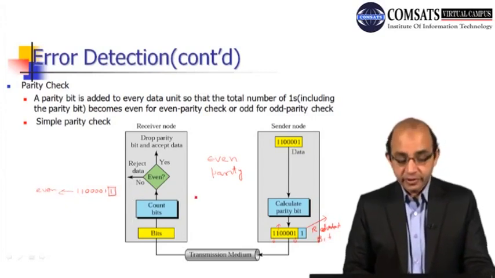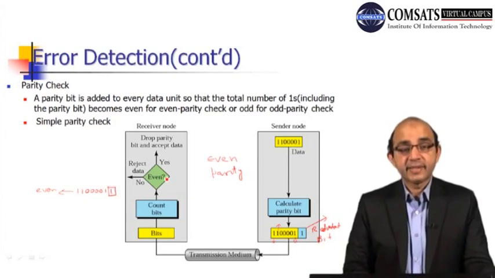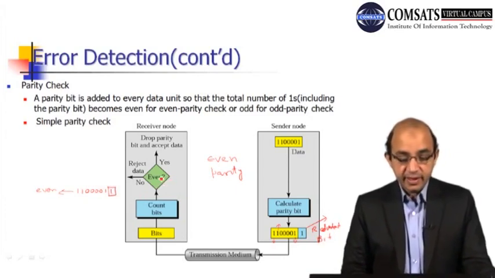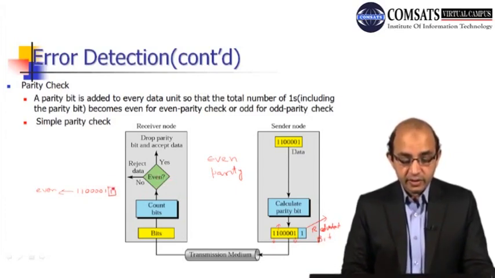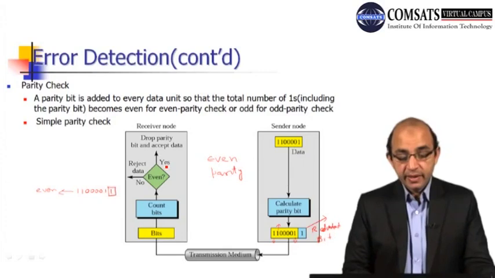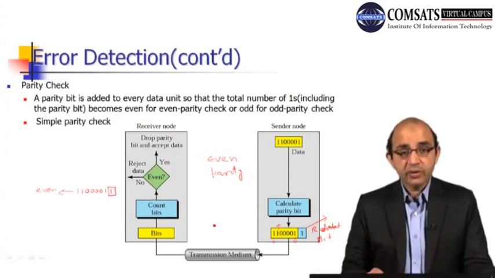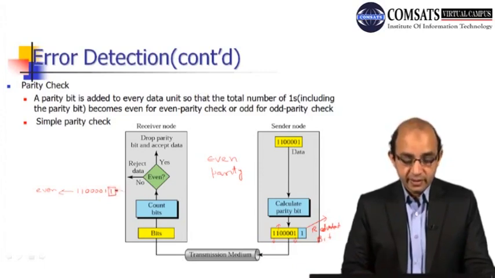So in normal conditions, if this data is received correctly, then this parity check, including this bit, will count the number of ones, and if it is even, it means the data is correct and has been accepted, otherwise it has been rejected, and the receiver will send a request. So the processor, in the case of a computer, will send a request to the logical unit to resend the data, right.